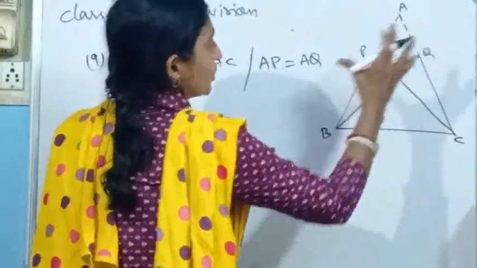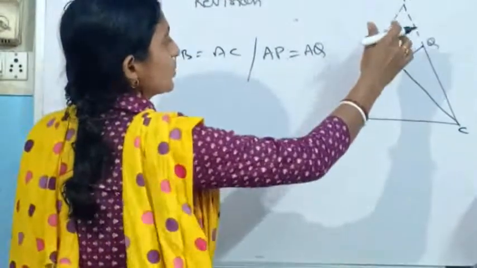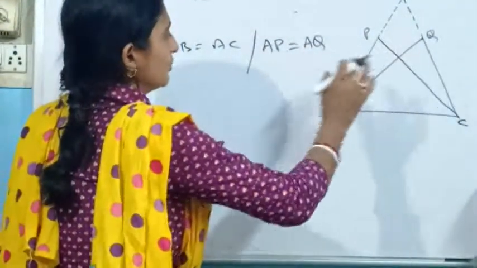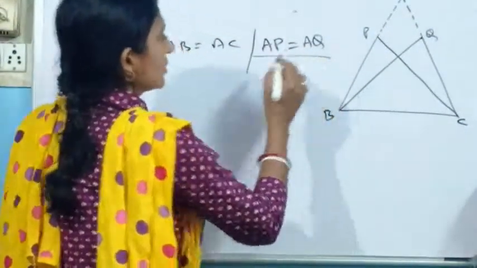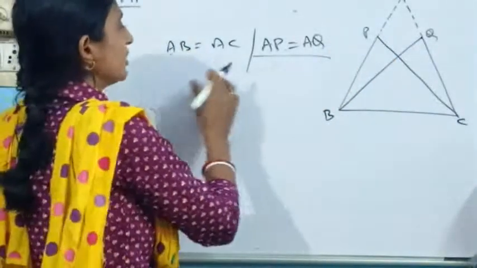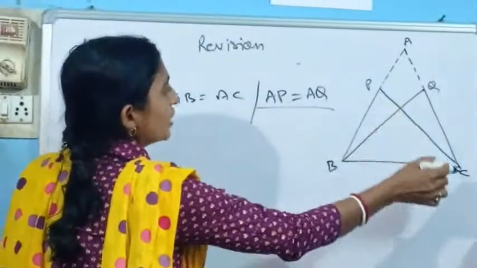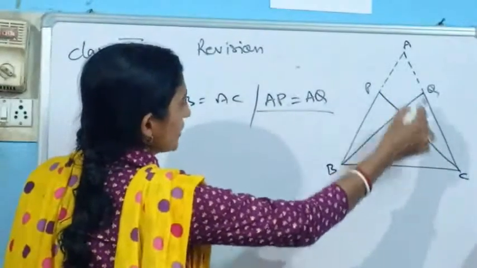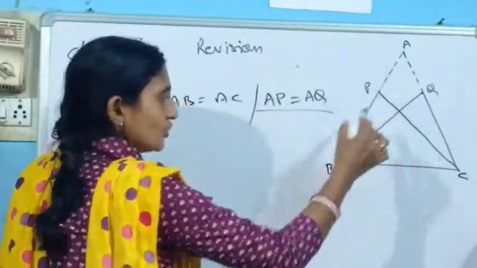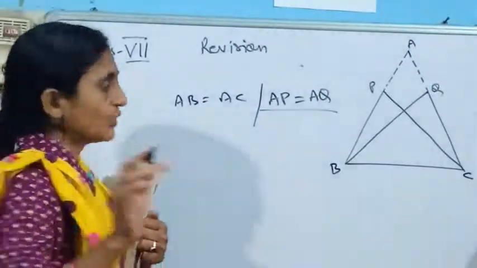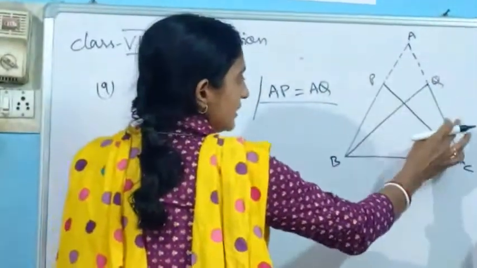So if I am forgetting about this upper part of this triangle, these two were equal, I have removed them. So if I am removing this part from this triangle, what is remaining? From AB, I have BP, and from AC I have CQ. Yes, that part is remaining. You can see it clearly here.